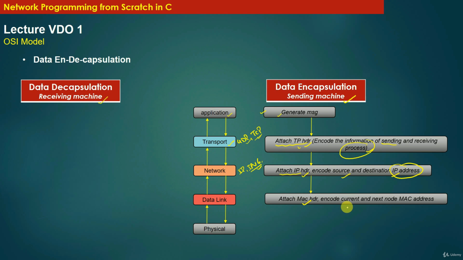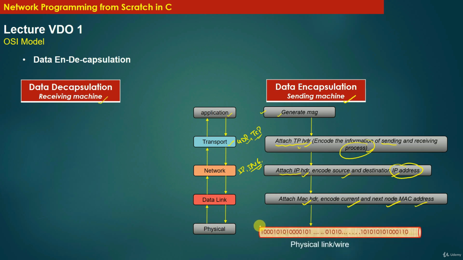The information encoded in the MAC header is the current node and the next node MAC address. We will discuss in detail when we learn L2 routing how MAC addresses are encoded in the MAC header. And once the data link layer finishes attaching its own MAC header, the combined message is then passed to the next layer called the physical layer.